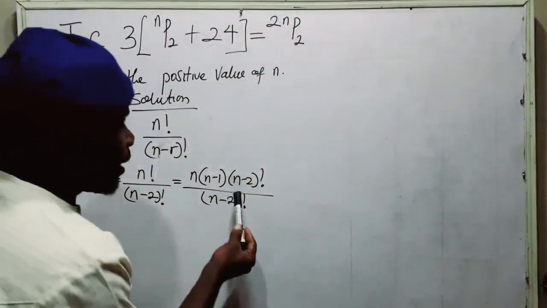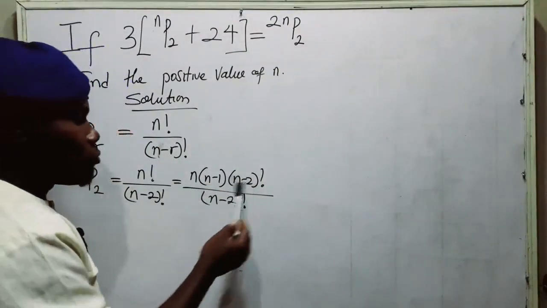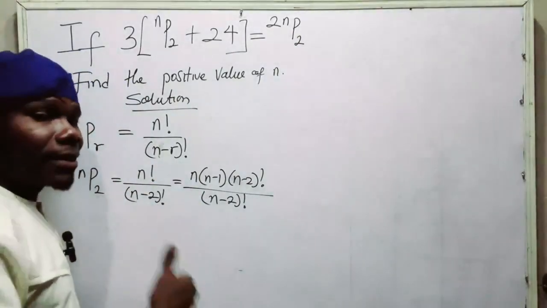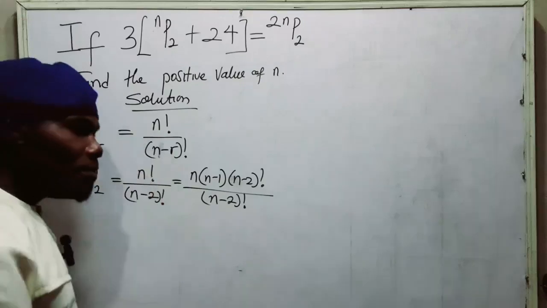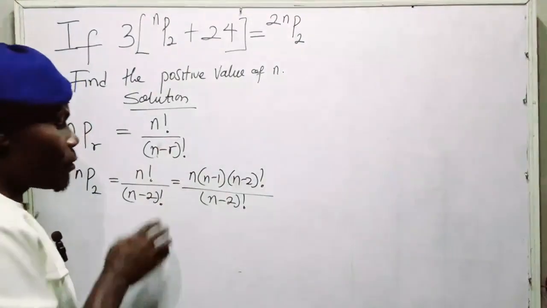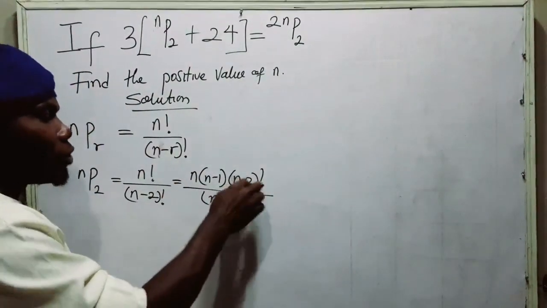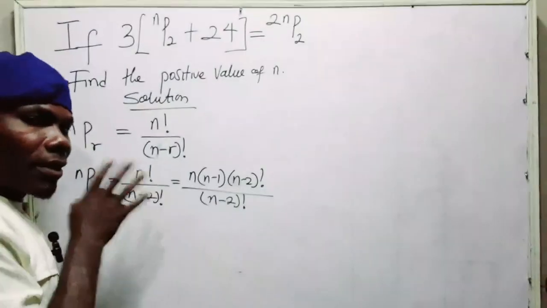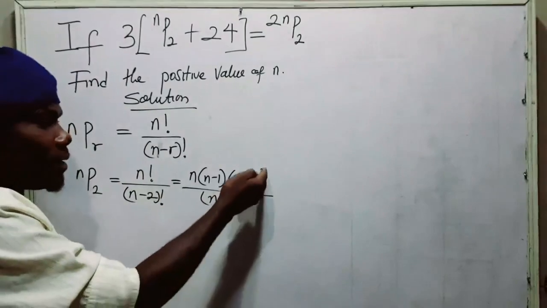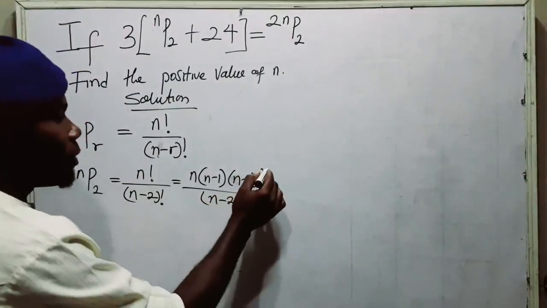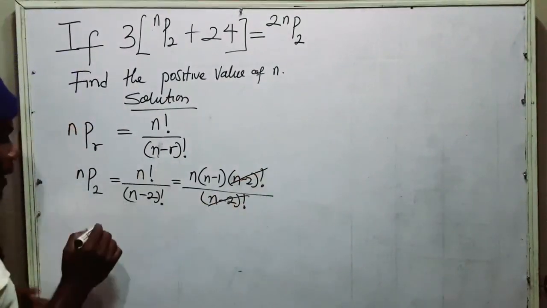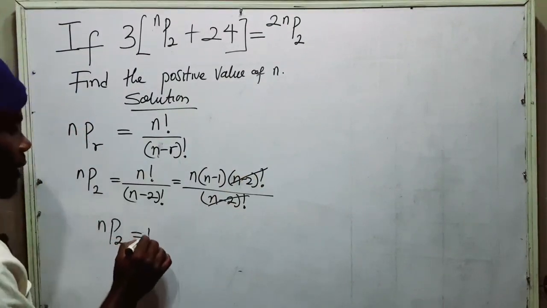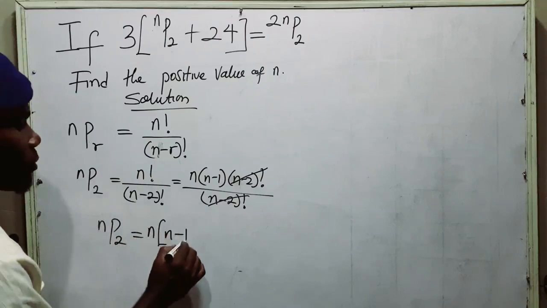I try to make the value n minus 2, so it can be easy for me to divide. I want to eliminate the factorial so that only an equation remains. You can continue to infinity, but what makes it useful for this equation is to make this cancel. So this will cancel this, meaning that n permutation 2 is the same thing as n times n minus 1.